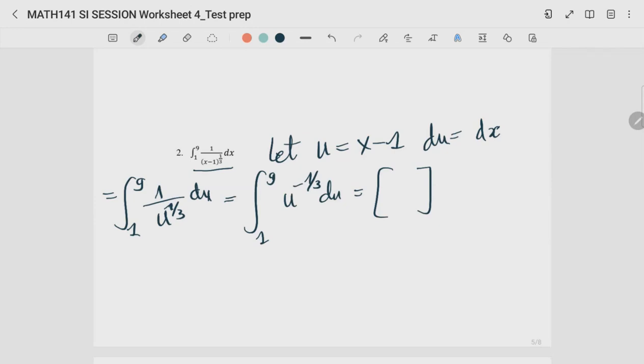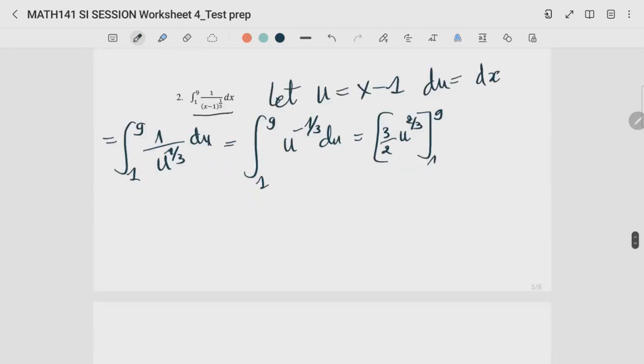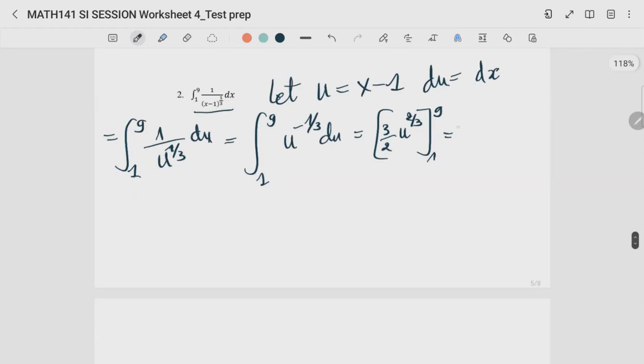Three over 2 times u to the 2 over 3, evaluated between 1 and 9. So you have to go back to x before you substitute. Yes.